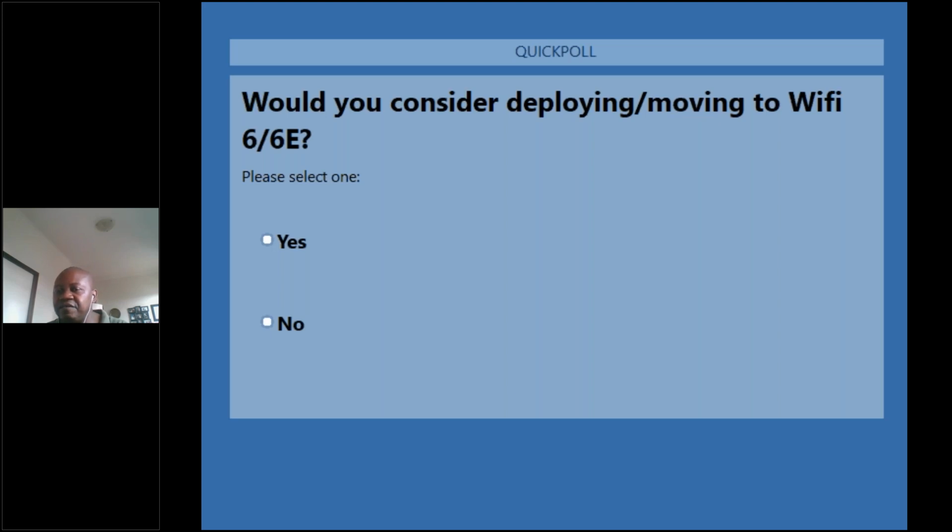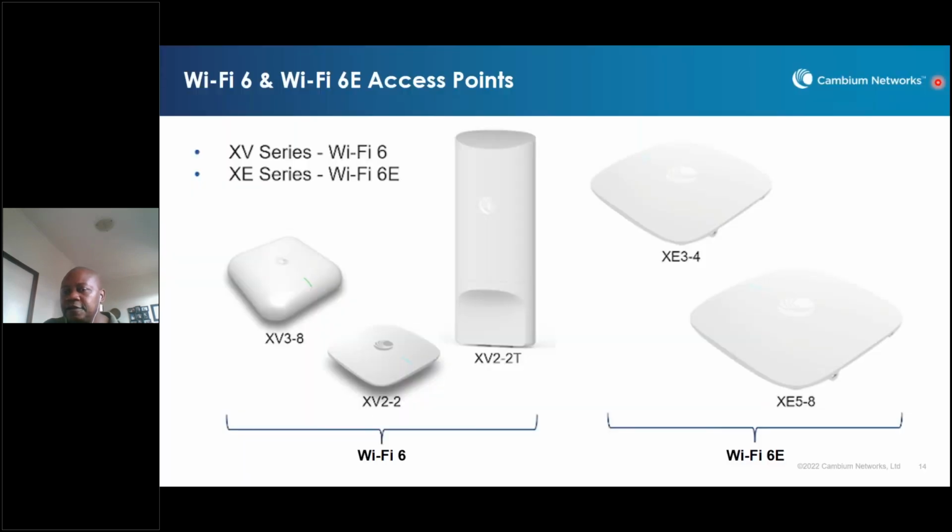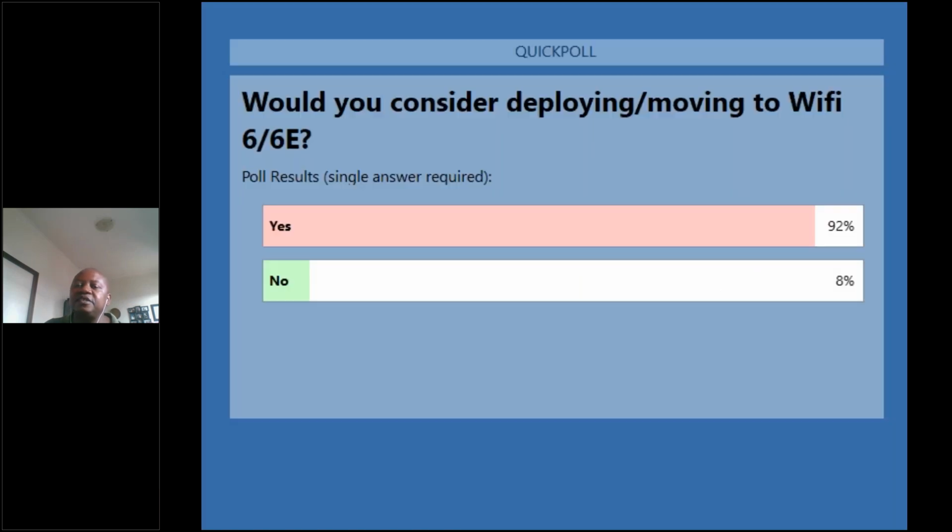Time is up. I'll give 5 seconds in case 14% want to vote. Okay, I'm going to close the poll now. And I'm going to share the results with you. So 92% of you say you would consider deploying or moving to Wi-Fi 6, and 8% say no.